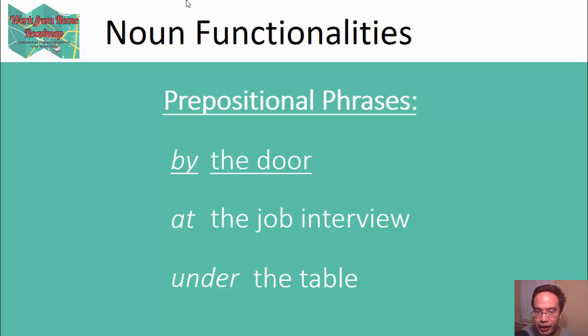In this phrase, by is the preposition, and the door is the object of the preposition. At the job interview, in this phrase, at is the preposition, and the job interview is the object of the preposition. Under the table, in this phrase, under is the preposition, and the table is the object of the preposition.